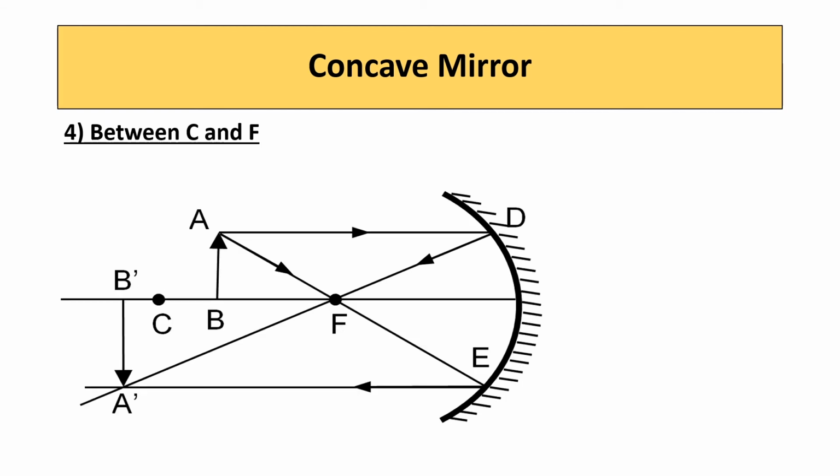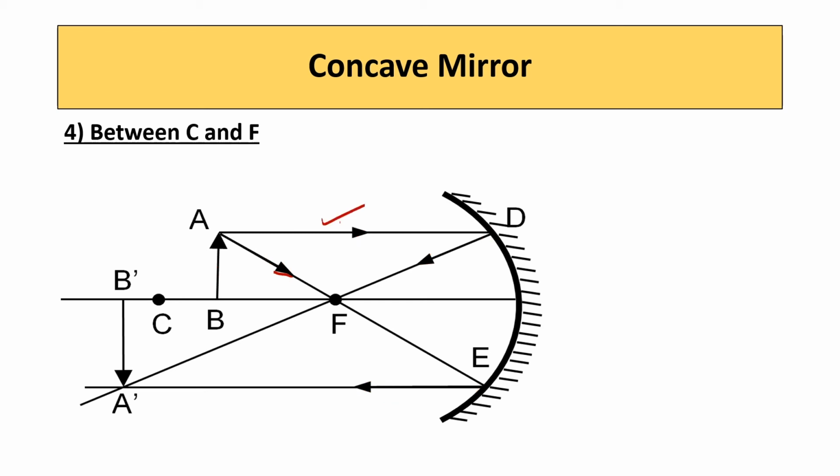Now place the object between C and F. This is the object. Let this be ray 1 and let this be ray 2. Ray 1 strikes the mirror at this point and this is the reflected ray. In the case of ray 2, this is the reflected ray.